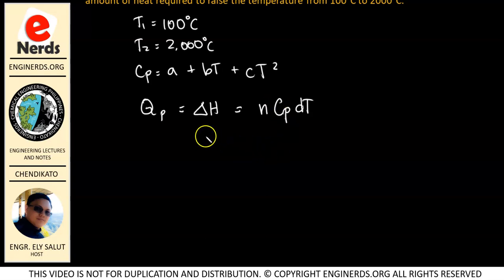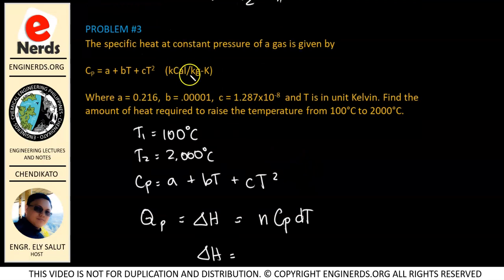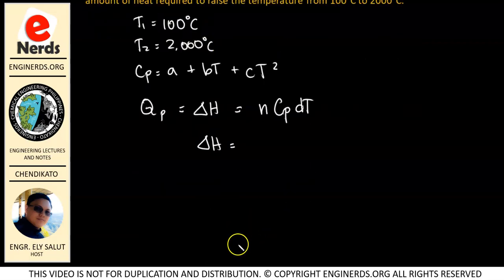So we have our delta H is equal to the integral of nCp dT. Okay, but our Cp in here is already expressed in per kilogram unit. So therefore, we will not need our n in here. Okay, so therefore, we will be taking the integral of Cp dT from T1 to T2.